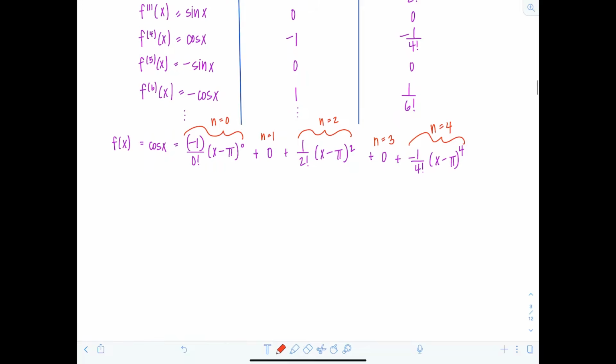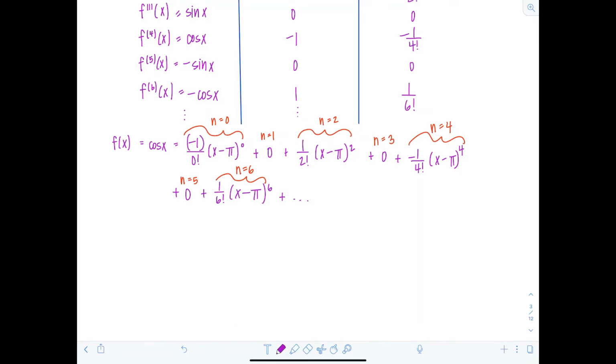We did more work than that. Plus 0 for n equals 5, plus 1 over 6 factorial times x minus pi to the 6th. That's for n equals 6. This is for n equals 5, plus dot, dot, dot.